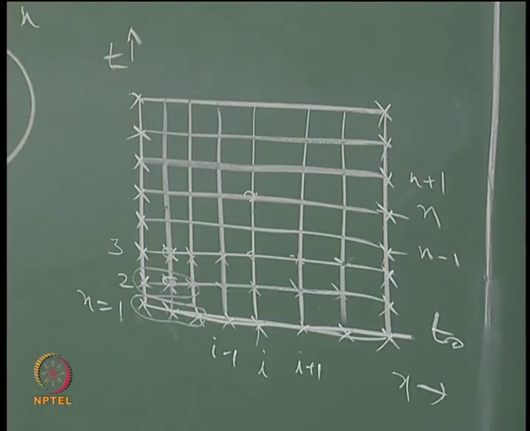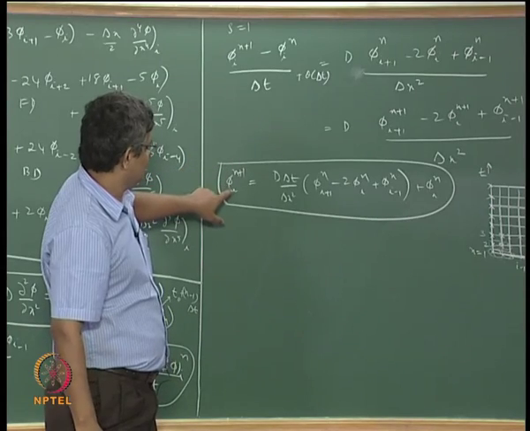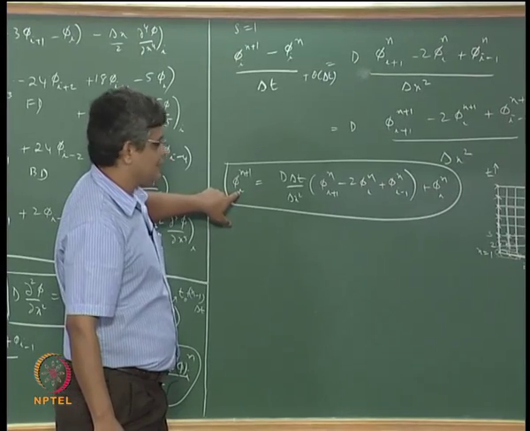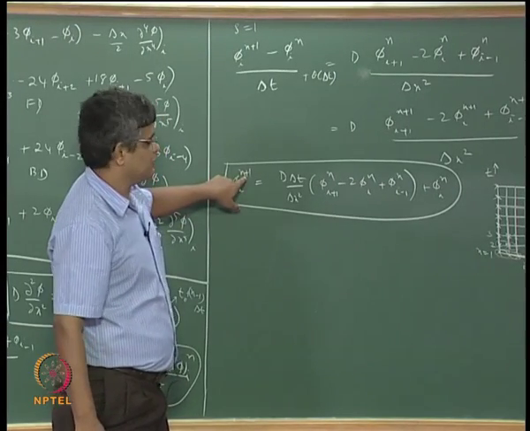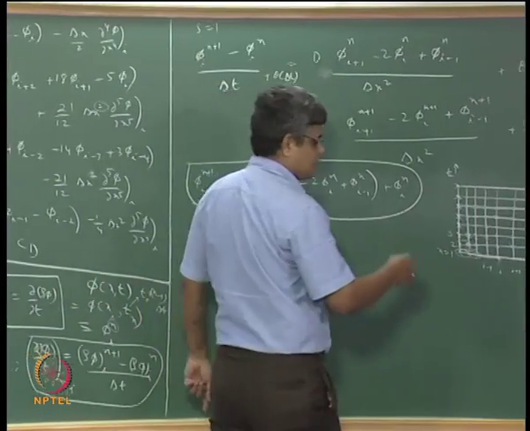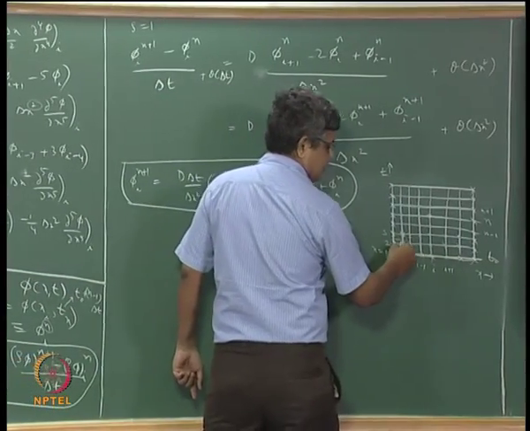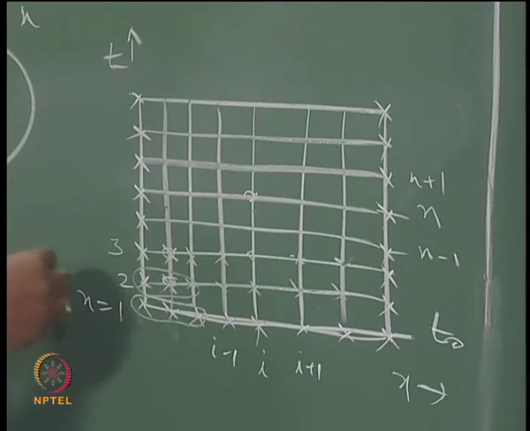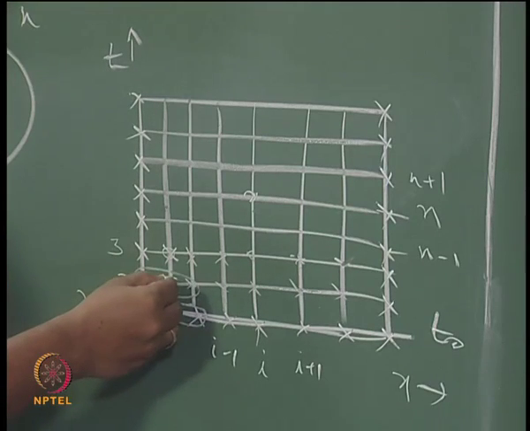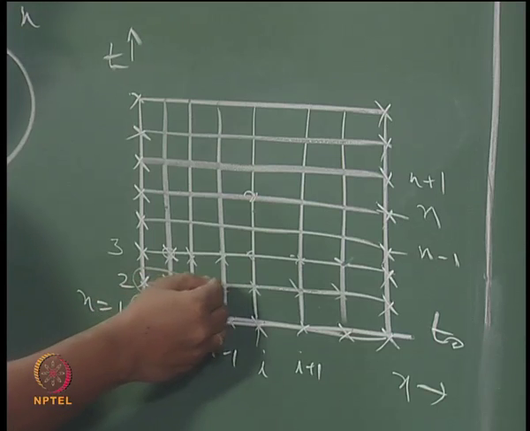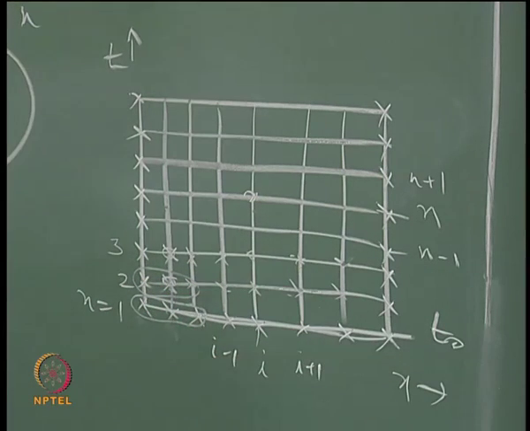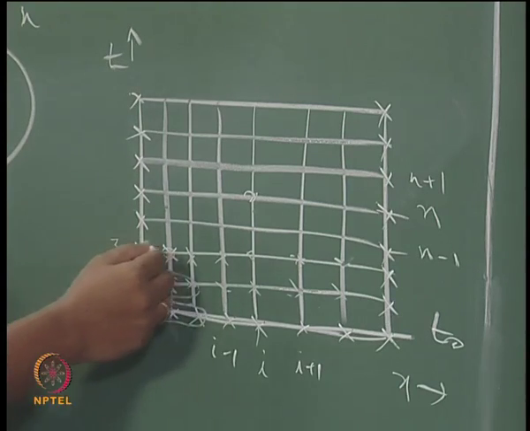So that means that using this formula here, using this template for the calculation of the value of ith spatial point at n plus 1th time, we can march forward in the x direction at a particular time step from point I to I plus 1 to I plus 2, I plus 3 all the way up to the end. And once we finish the time step calculation for all the spatial points at that particular time step, we go to the next time step and then we again compute like this.